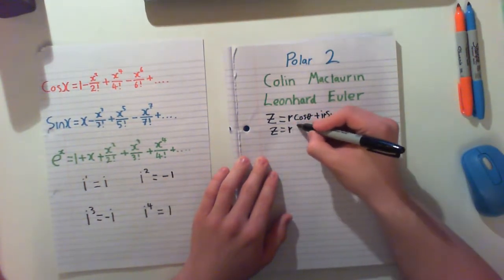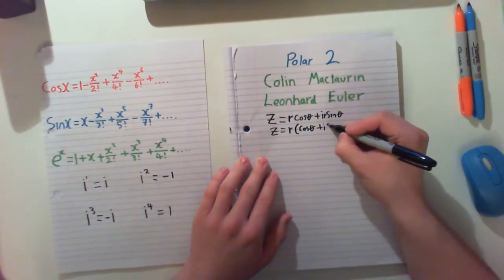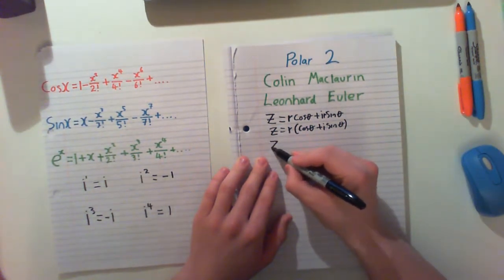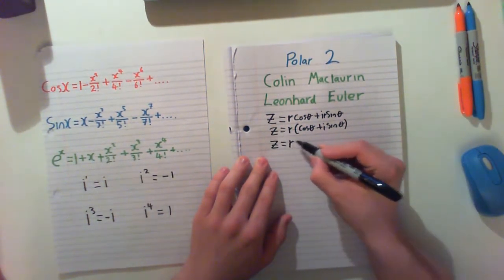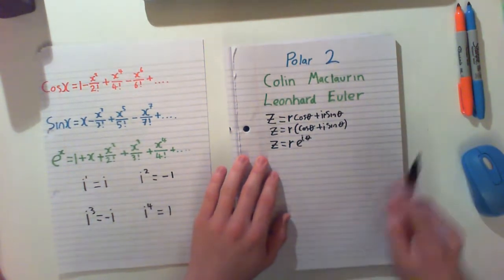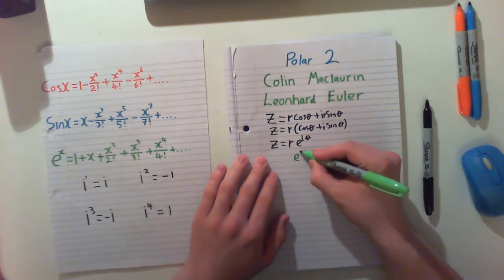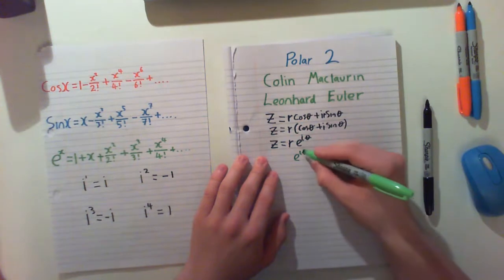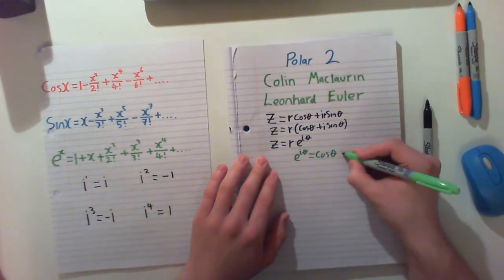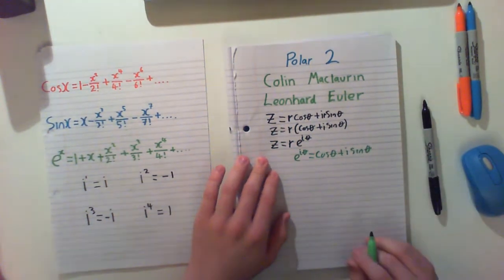So z equals r, cos theta plus i sine theta. And we're looking to make z equals r e to the i theta. So what we know to be true from this is that e to the i theta must be equal to cos theta plus i sine theta.